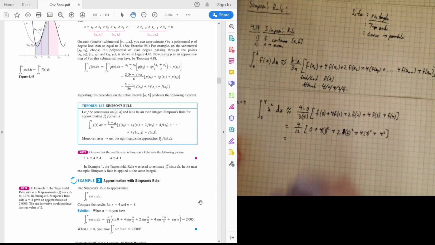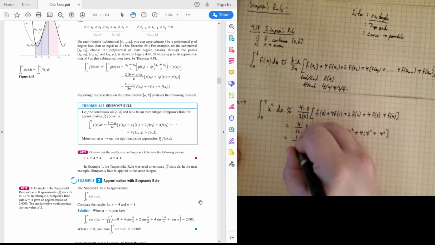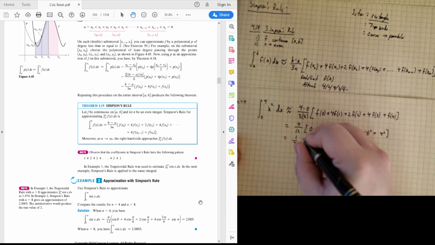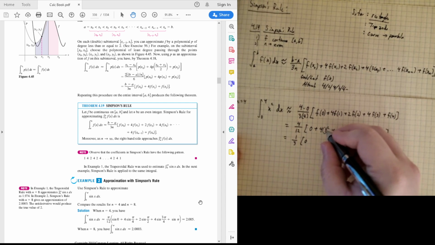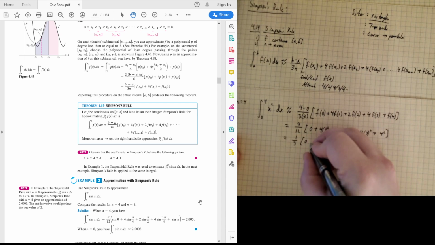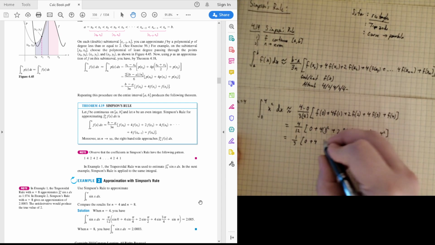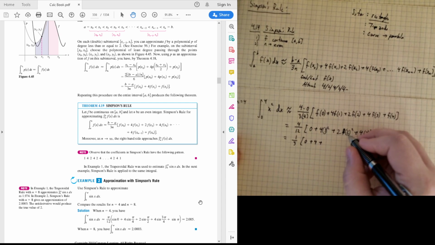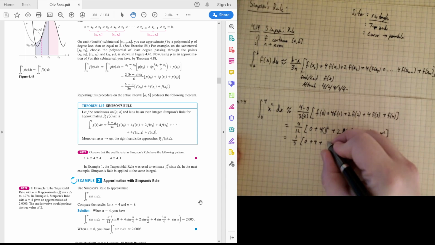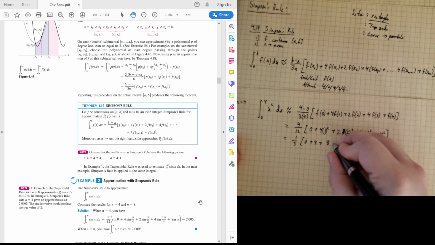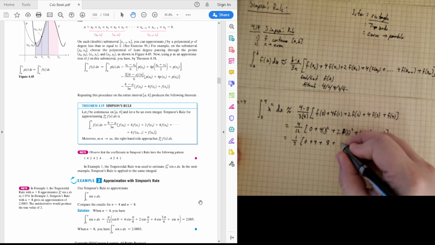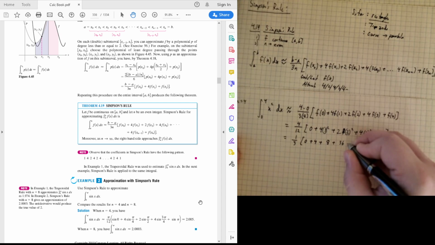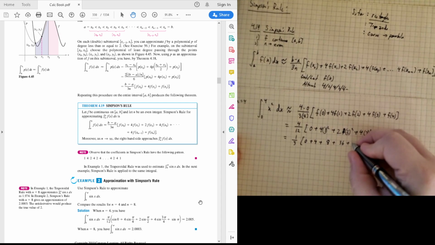And always, 4 over 12 is 1/3. f of 0 is 0. 4 times 1 squared. 1 squared is 1 times 4 is 4. Plus 2 squared is 4 times 2 is 8. Plus 3 squared is 9 times 4. 9 times 4 is 36. Plus 4 squared is 16.